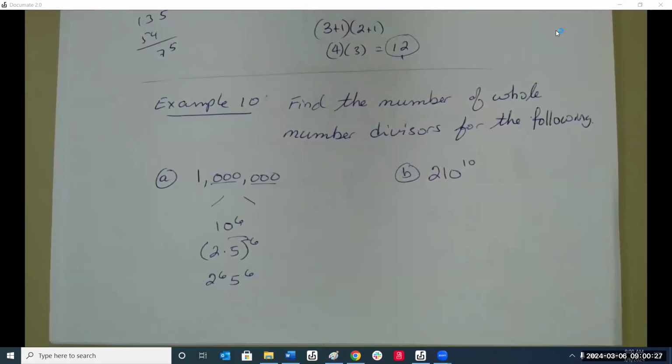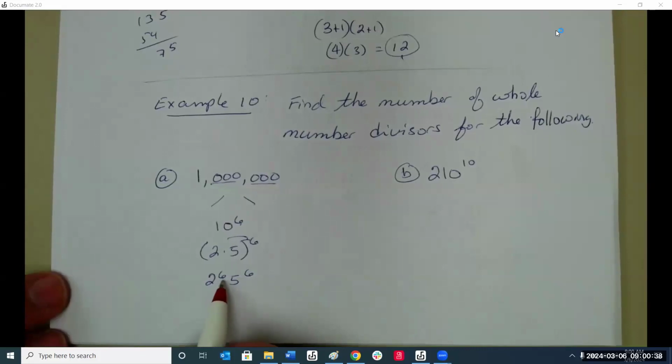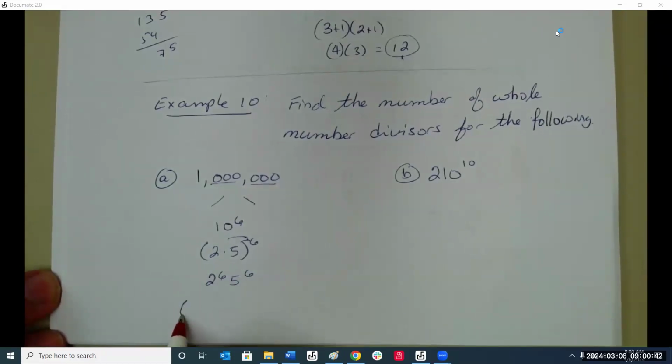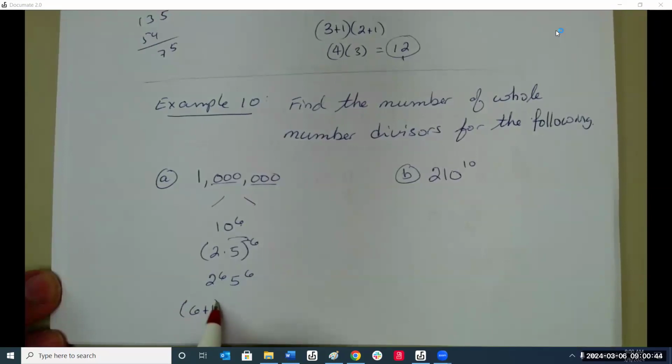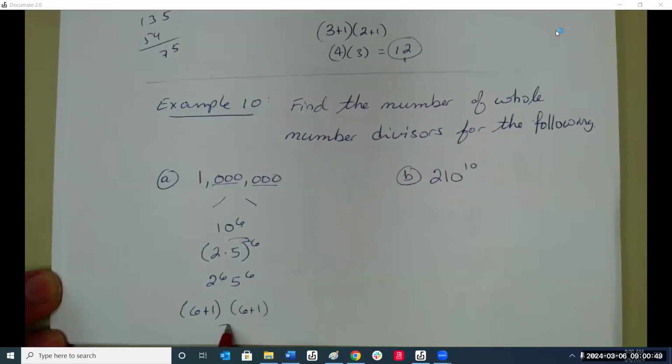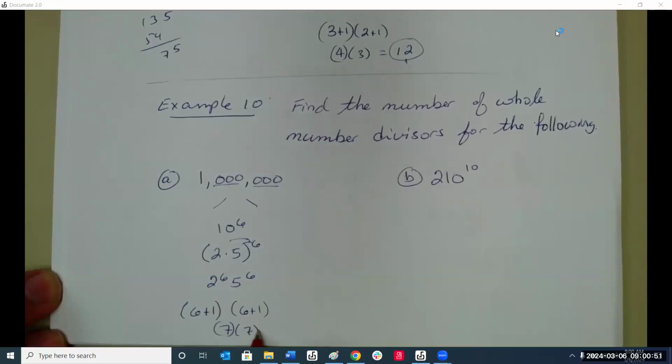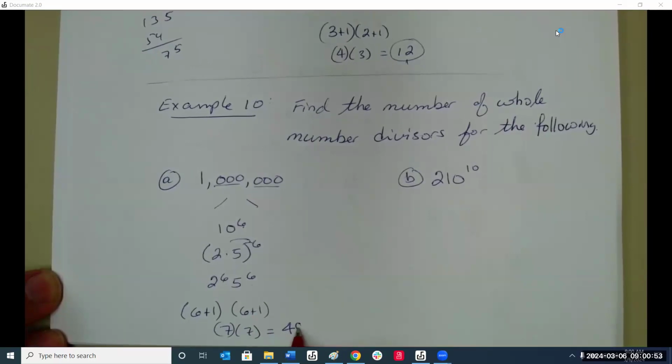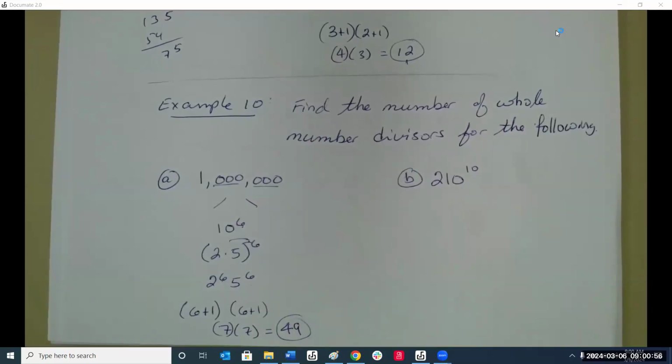So how many whole number divisors do we have? What do we have to do to the exponents? Remember, this is n, and that's m. 6 plus 1. 6 plus 1. We have 49 whole number divisors. That's what it tells us.